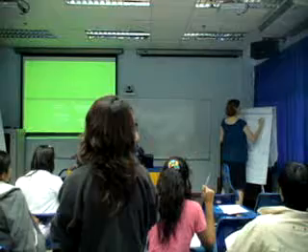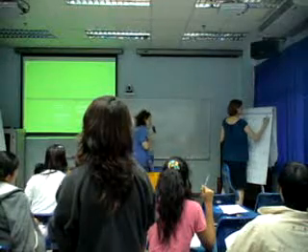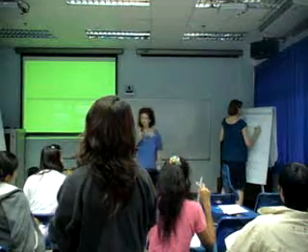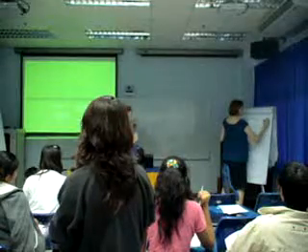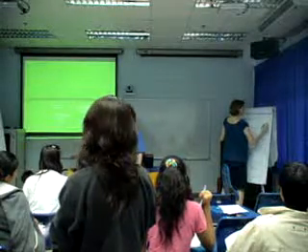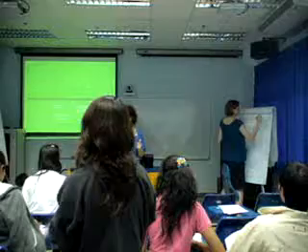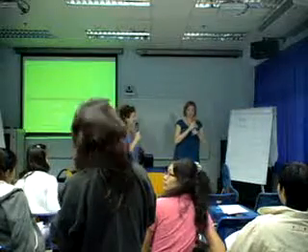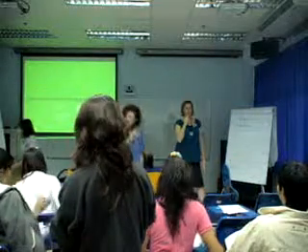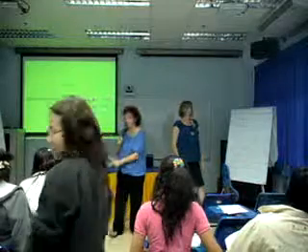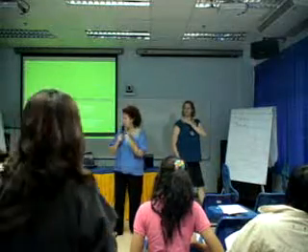Group 2 has toxoplasmosis. Group 3 has leptospirosis. And group 4, toxoplasmosis. Very good. Okay, somebody from each group come up and get markers and a flip chart paper, and we'll see you in 10 minutes.